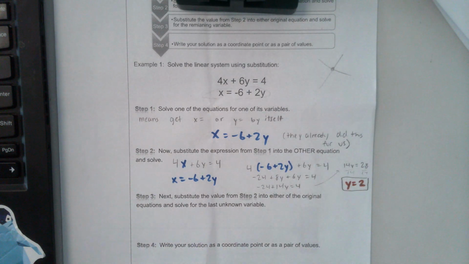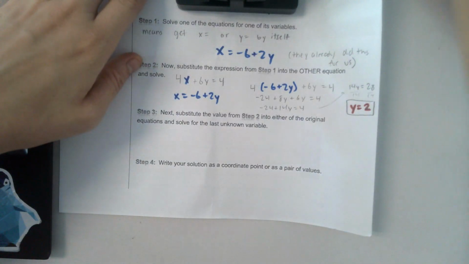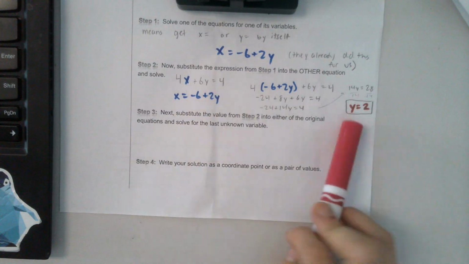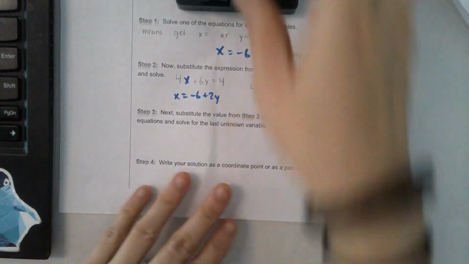Okay. So now we substitute again. Now we have y, and we're going to put it in to figure out x. So this is sort of like y equals mx plus b, right? We had an x and a y and an m, and we used it to find b. And now we had an x, we found y, and now we need to find x again.